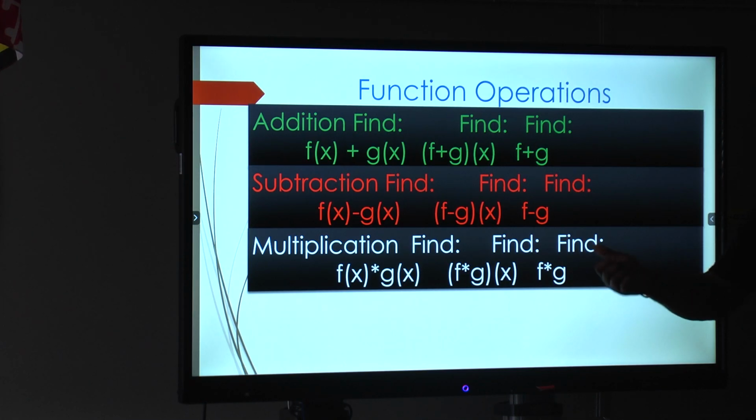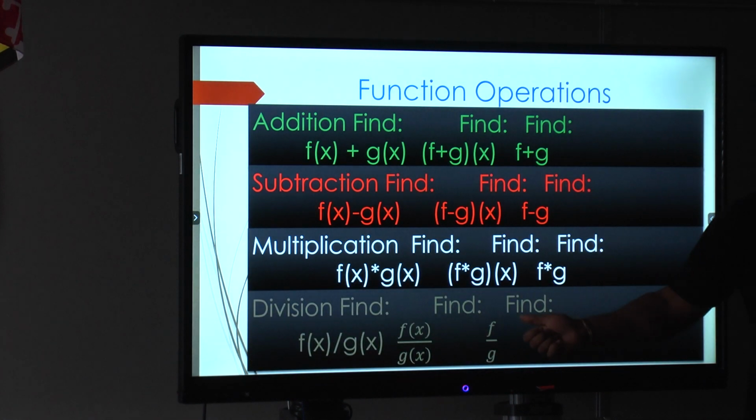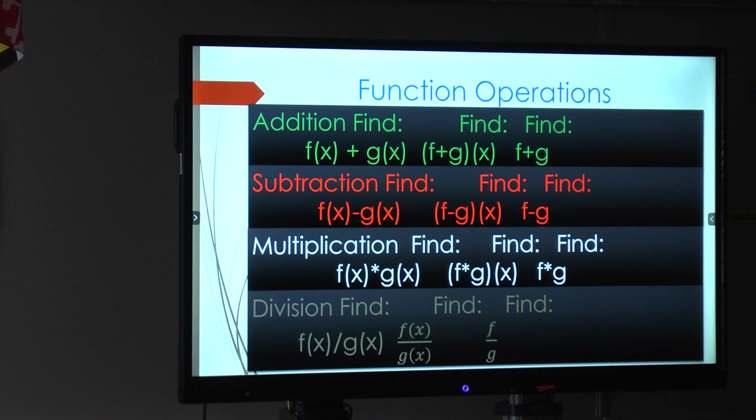So, we also want to make sure that we leave off with our final one, which will be division. So you've got 4 different operations, 2 couples, and 4 different symbols. Now, the way you will determine if it's a division is by using a fraction or sometimes the slanted dash.